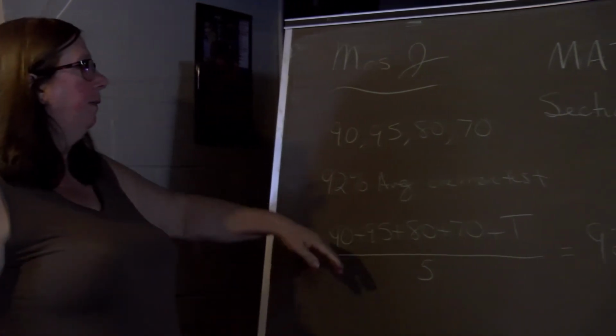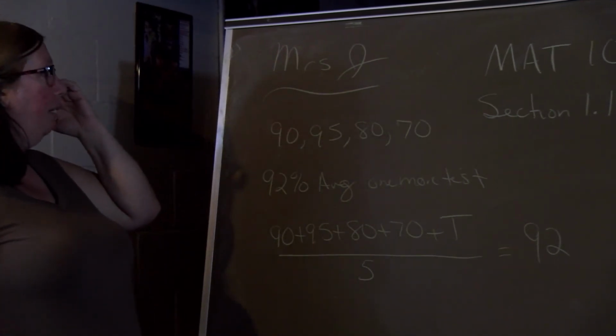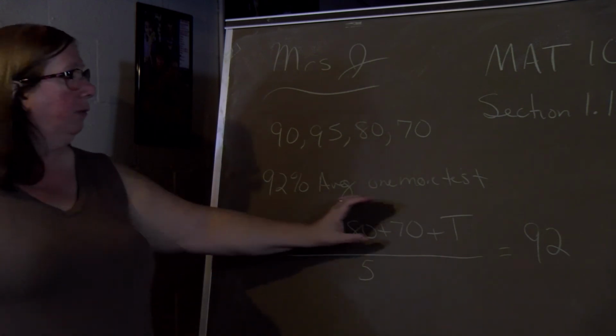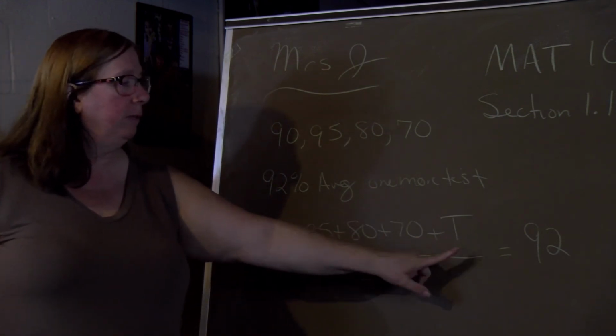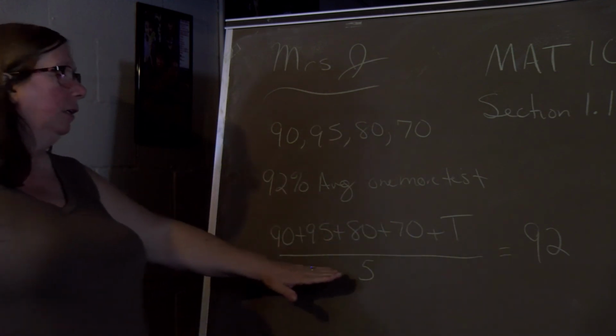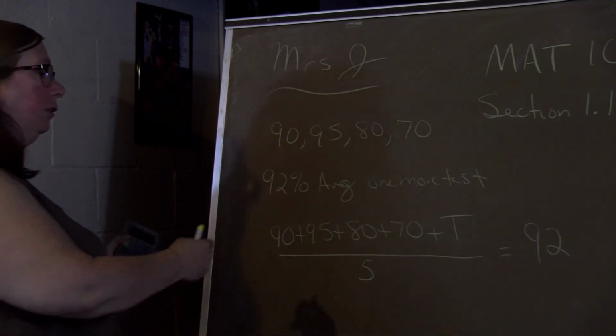So if you have your grades and you want to see what you need on your final, this would work. That's only if they're all worth the same. There's different weights, but if we're assuming they're all 100-point tests, then you could see what you need.